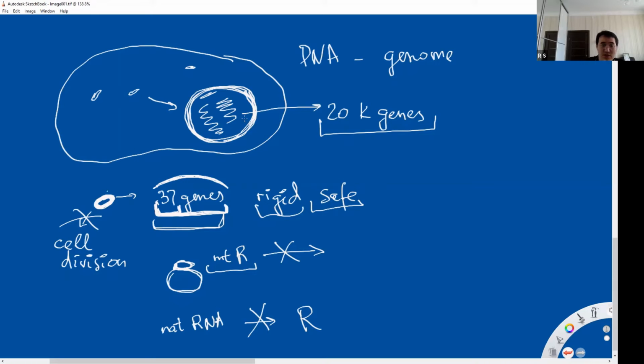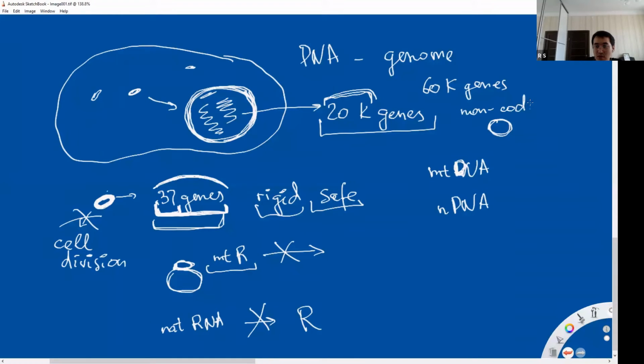So the question was about the difference between nuclear and mitochondrial DNA. The mitochondrial DNA is very small and is circular. If you take the nuclear DNA, it's huge. Besides these 20,000 genes, we have about 60,000 genes that do not code proteins.